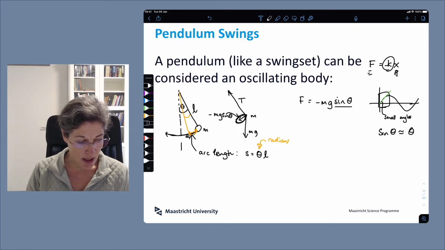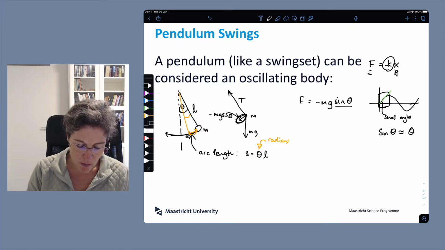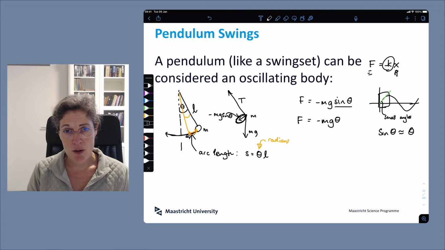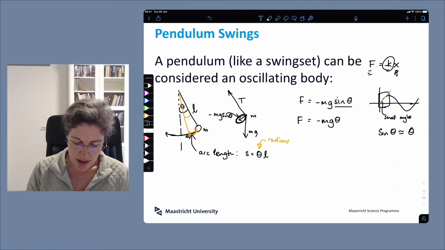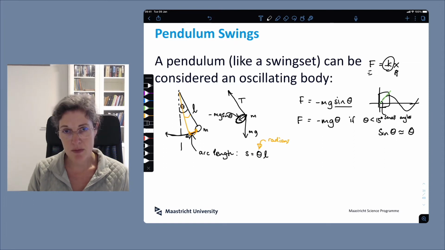So this is really great because we can rewrite this as F is equal to minus mg theta. You might be saying, how small does it have to be? This is if our angle is less than about 15 degrees.